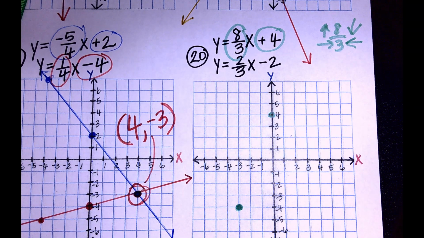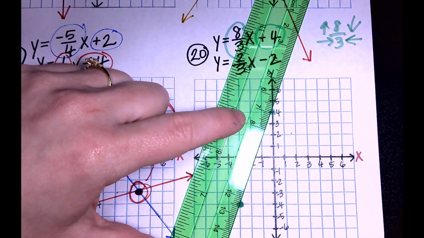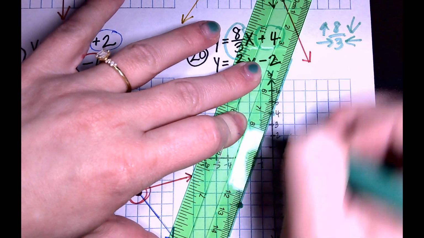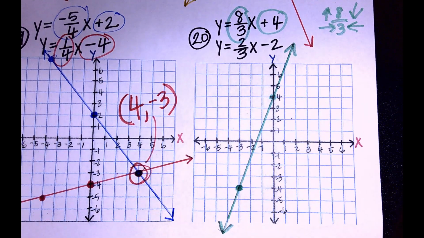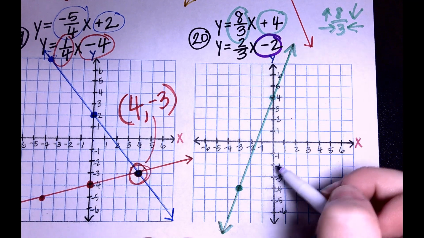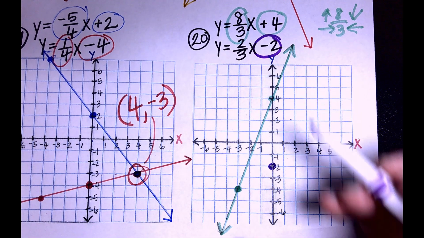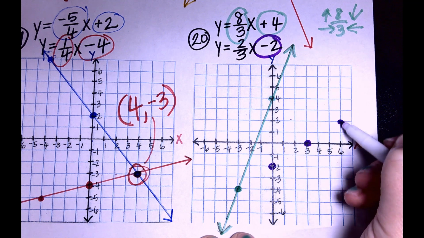Okay, so I have my first 2 points. I'm going to connect my dots. Okay, and my last one. Where's my starting point? Negative 2. And where do I go from there? Up 2 over 3. Up 2 over 3.